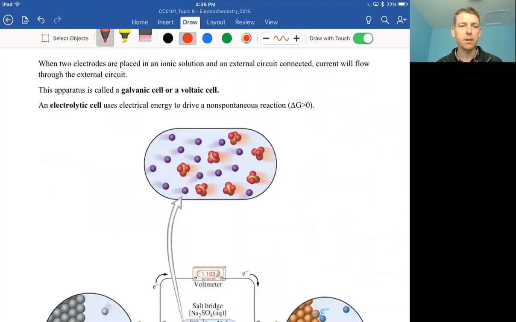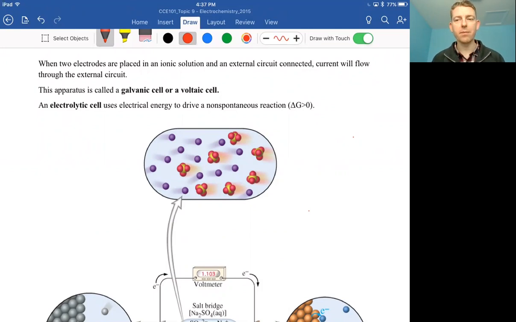When we get two electrodes in an ionic solution and we connect a circuit to them, we're connecting a source of electrons to an electron sink, something that's going to oxidize under the conditions we've made it, and something that's going to be reduced. And the pulls between these two reactions, working in concert rather than competing, is going to allow the electrons to flow through the circuit.